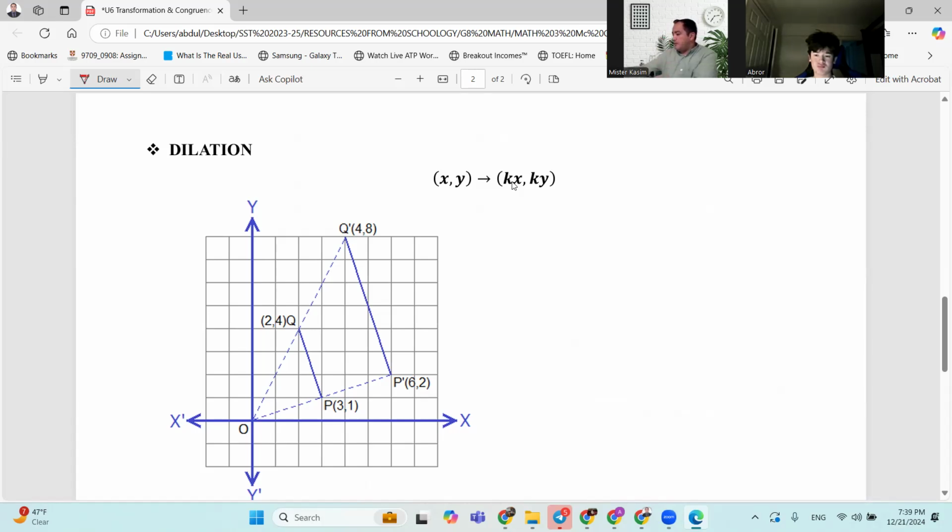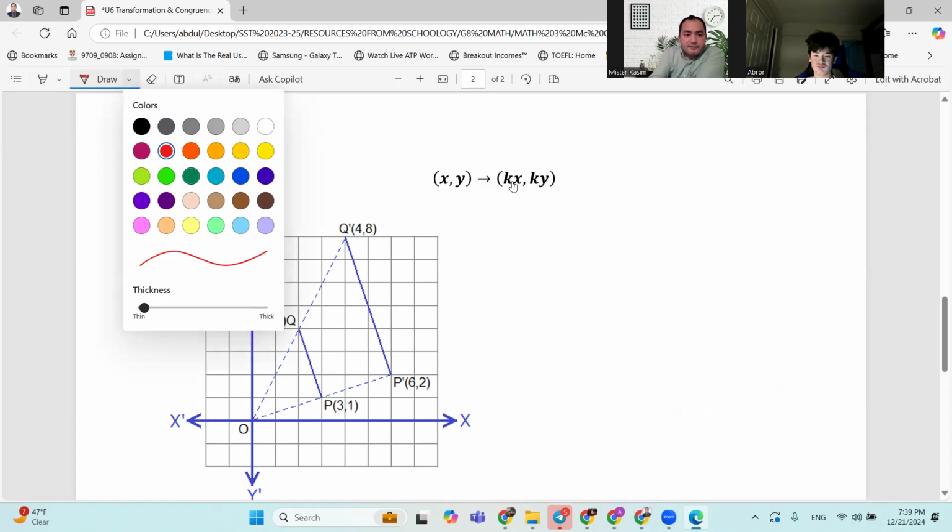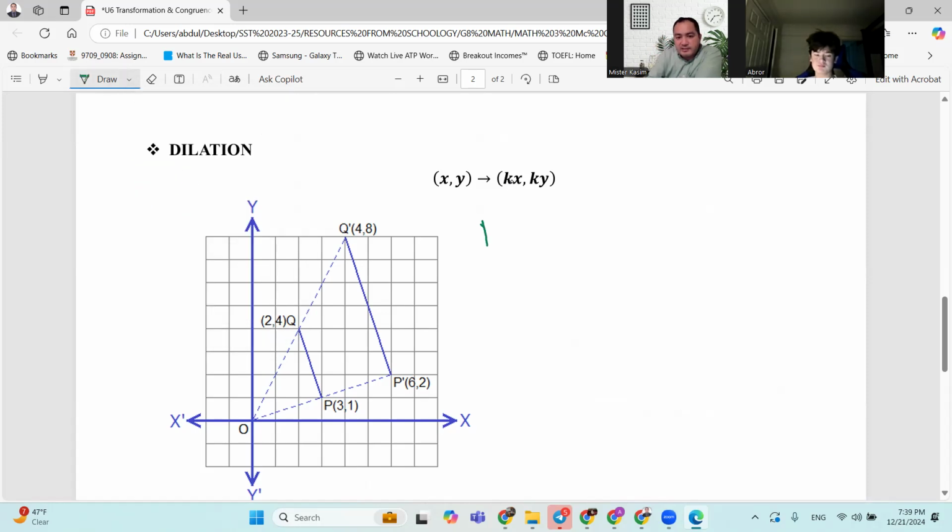In dilation, you need to consider two cases for k. Here we are dilating, let's say, the point P and transforming it onto P prime, the image, by multiplying each coordinate by some scale factor k.